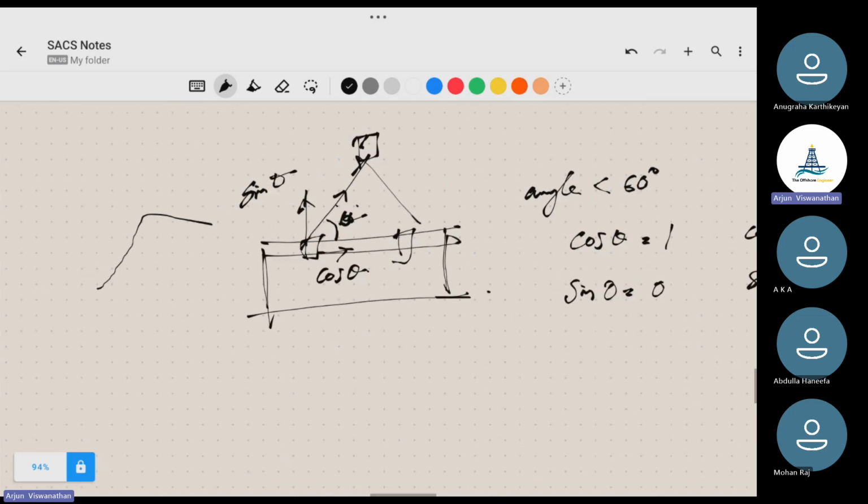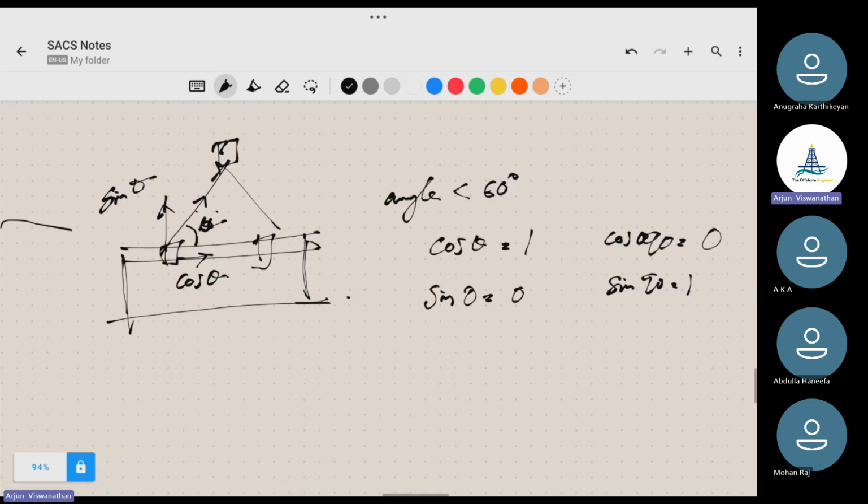That means how much we increase this angle, our vertical component will increase accordingly. That means with less tension, we can achieve more vertical component if we have a higher angle. That is one concept.